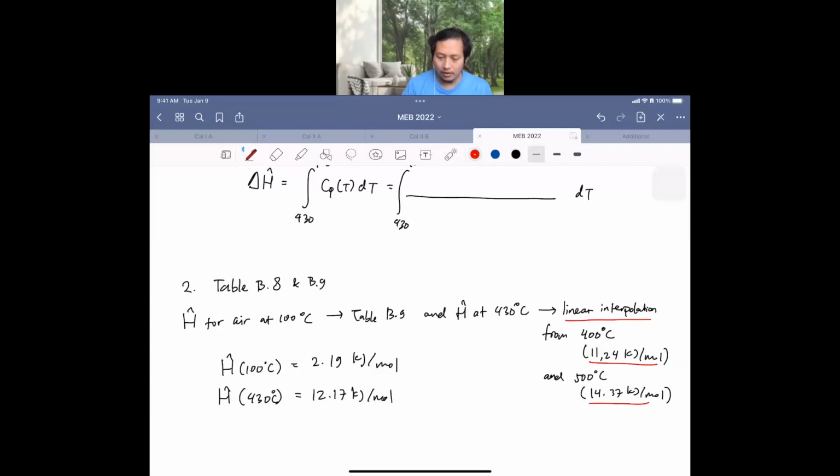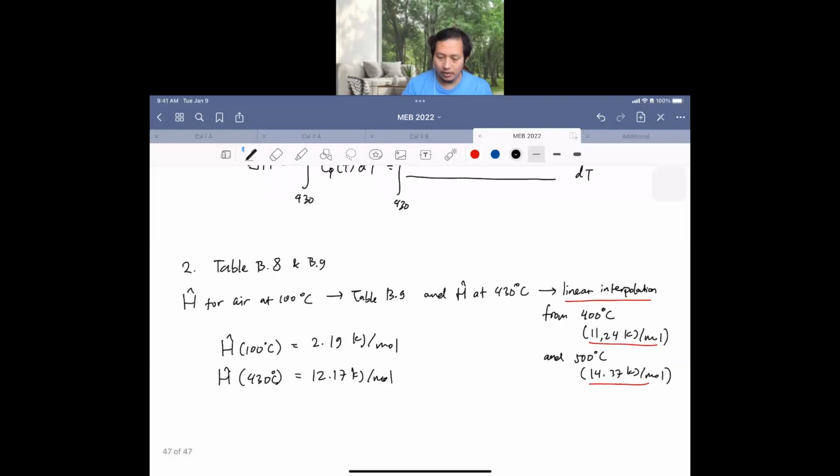And sometimes linear interpolation, you need to have this, as in chapter 7 also sometimes important when you deal with the steam table. Okay? You can also sometimes make interpolation if you have a number like the temperature or the pressure that is in between. Okay? So we have the delta H is 2.19 minus 12.17, which is negative 9.98 kilojoule per mole.